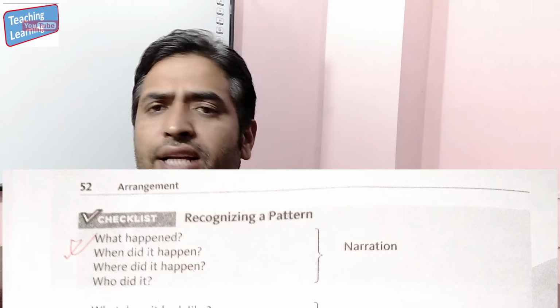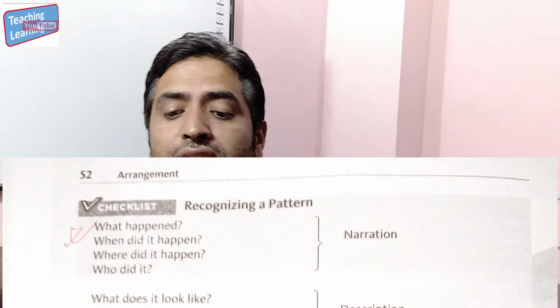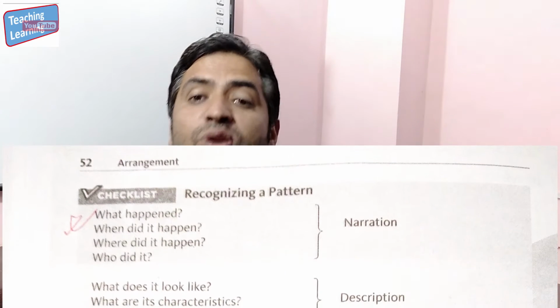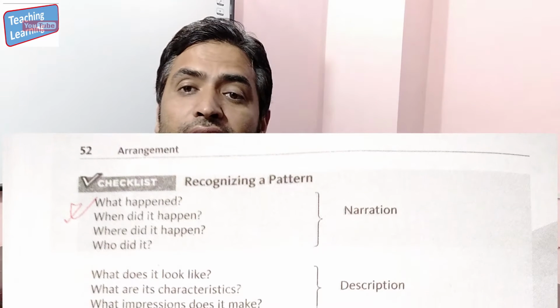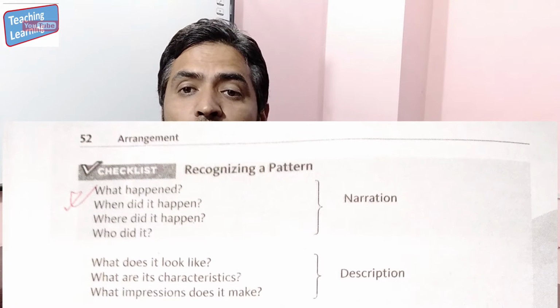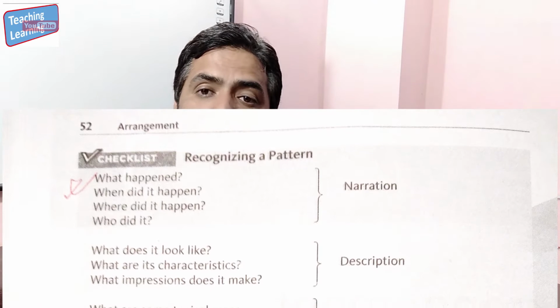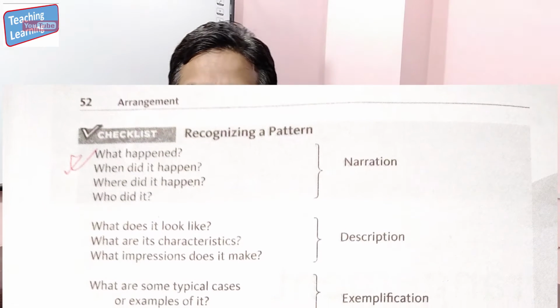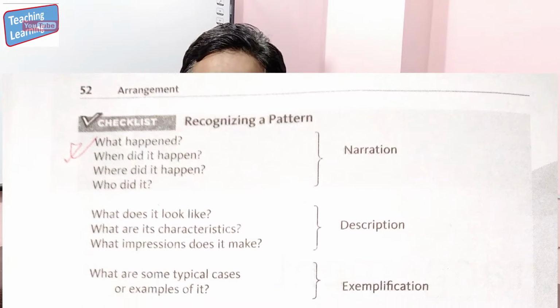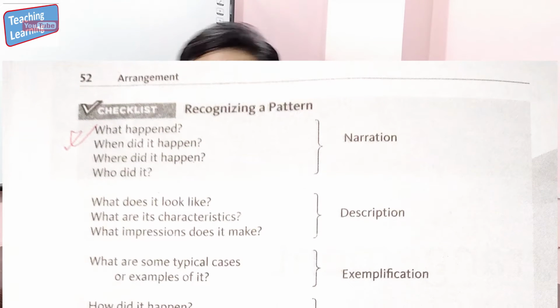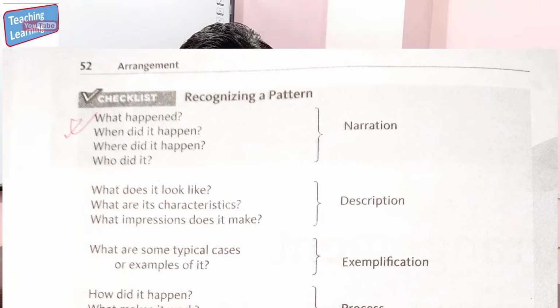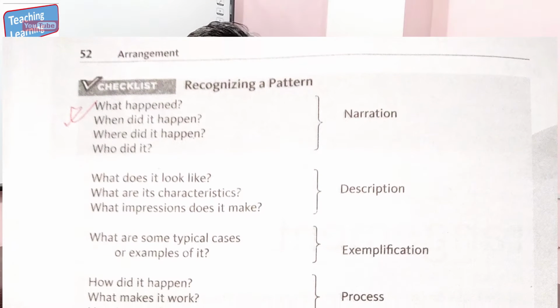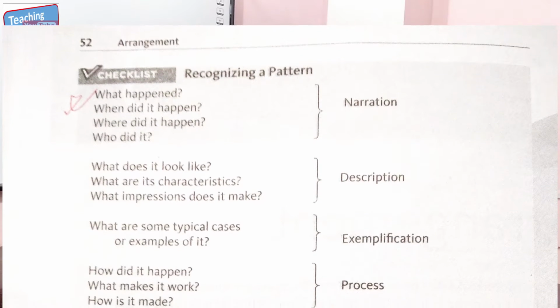If you are going to write in the narrative type, the question is what happened. If you have the question what happened, at that time you are going to follow the narrative type of writing. Mainly you narrate about the event. In a similar way: what happened, when did it happen, where did it happen, and who did it. So these 4 questions mainly guide you, direct you towards the narrative type of writing.